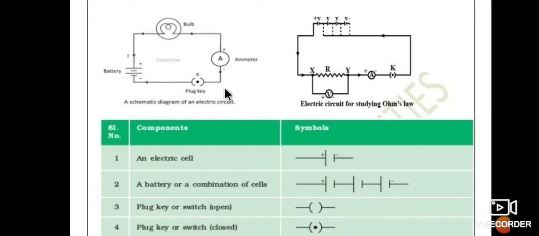So you see in this circuit, here is a plug key, that means here is a connection. Closed, it works like a key, it is a closed circuit. So this is a closed switch or plug key. Okay. Now this is an open switch, this one is a closed switch. Next point, we will go to the next point.